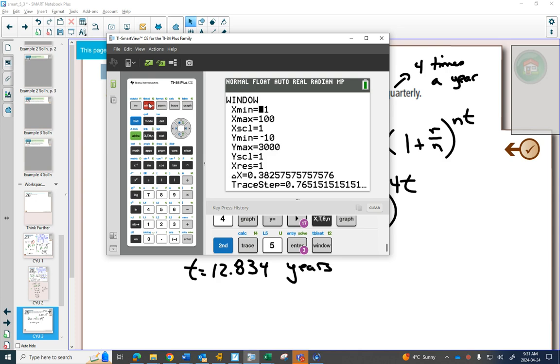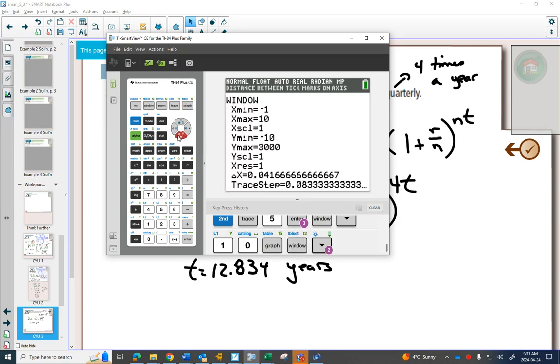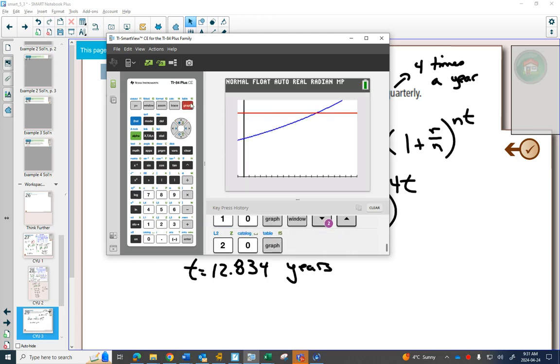The X-max, if you had started at 10 and graphed it, sometimes this is what happens. You're like, ooh, they almost intersected. So you're going to have to go back to your window, and 10 wasn't enough. 20 probably would be. And you want to see where both of those graphs intersect so that you can solve for that.